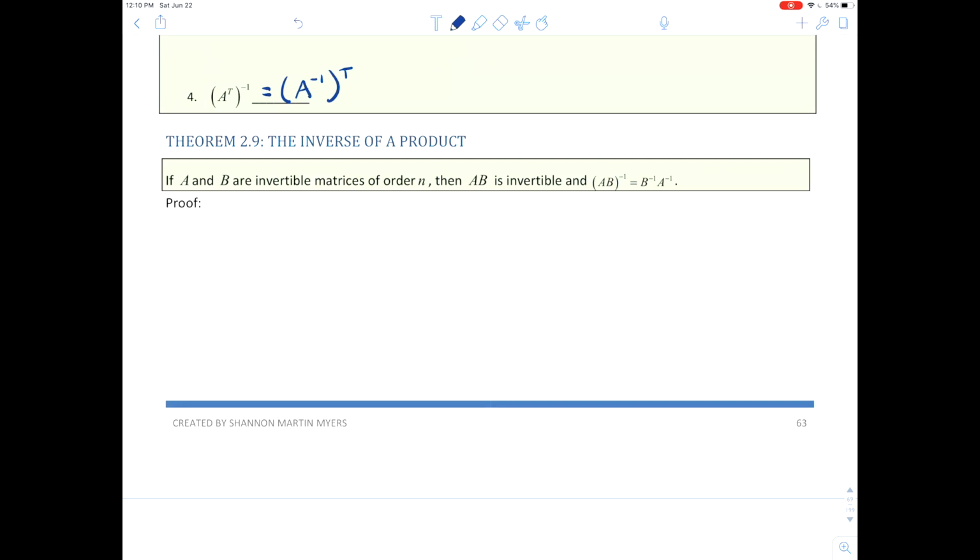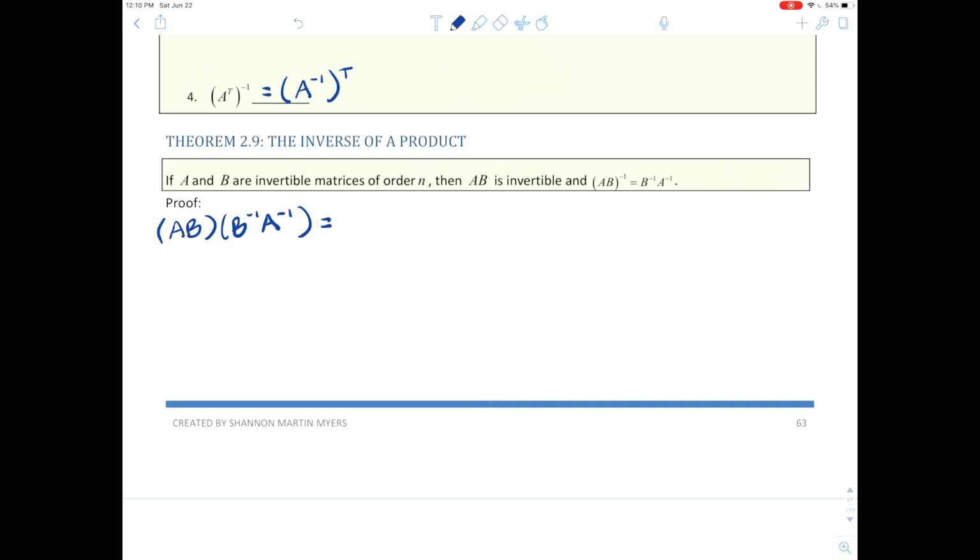Again, we need to show that if we multiply AB, not inversed, times B inverse A inverse, we need to get the identity. So AB times B inverse A inverse is equal to what? Well, we can certainly regroup, right? Because matrix multiplication is associative.